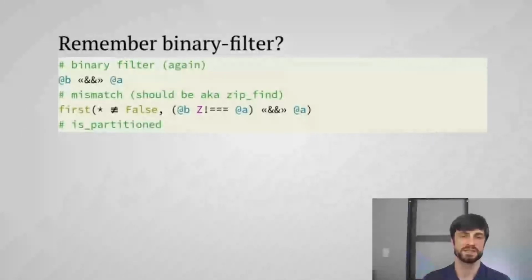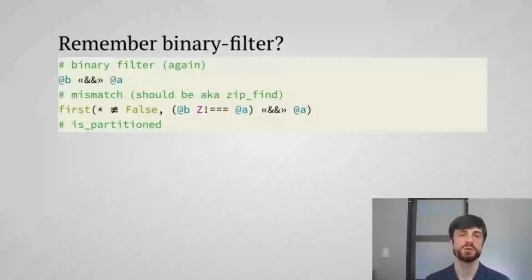So it's like sorting, but you don't know that everything is in ascending order. You just know that there's a portion of the list that passes and a portion that fails, and it doesn't flip-flop between the two. So let's take a look at how we implement that in Raku.